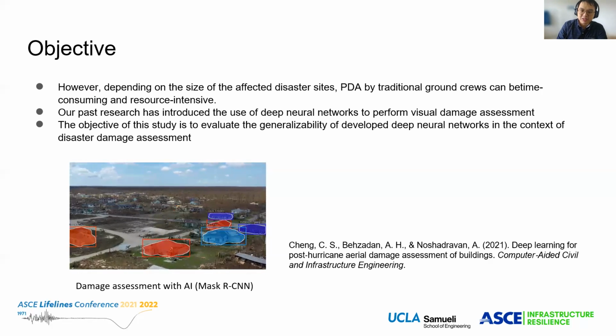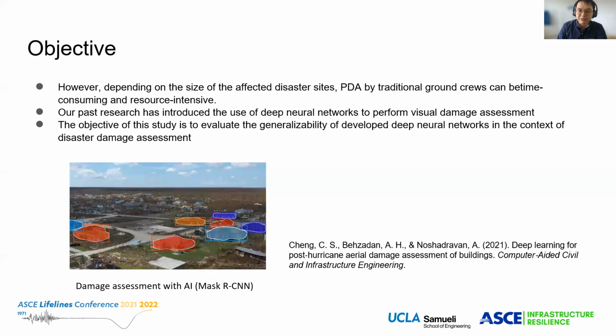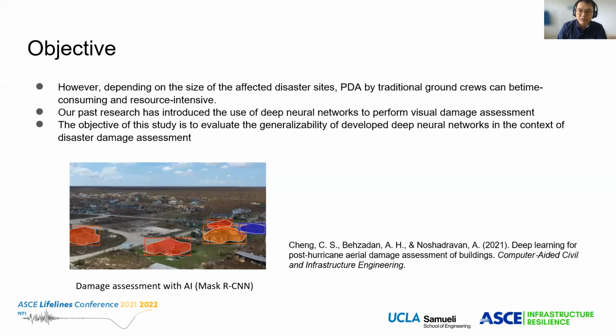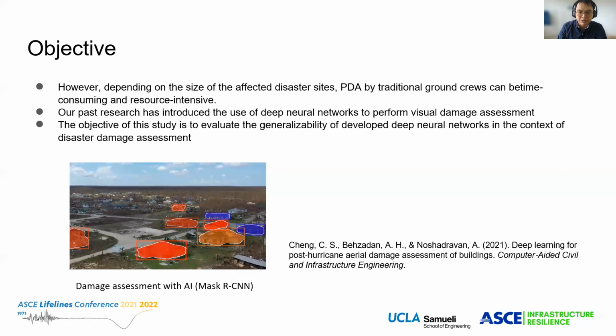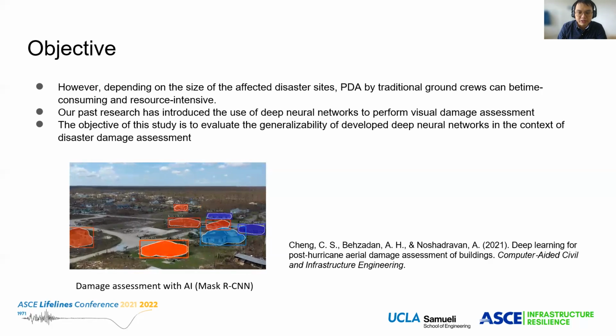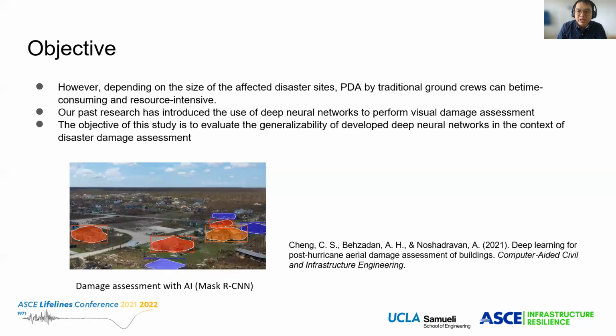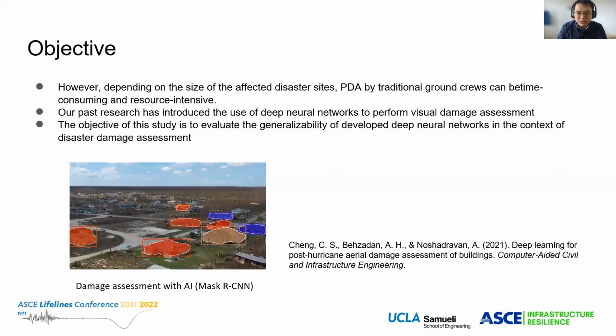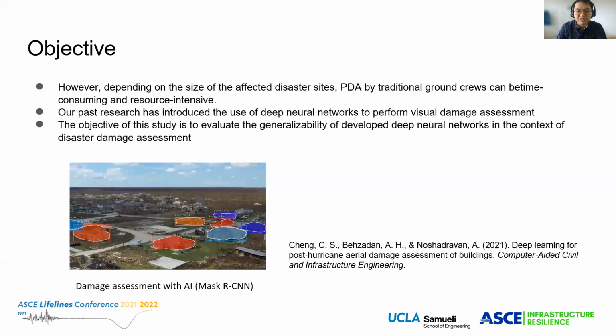In this work, we aim to evaluate the generalizability of the developed deep neural networks and explore how the success of deep learning applications for aerial PDA can be quantified and benchmarked on other disasters.